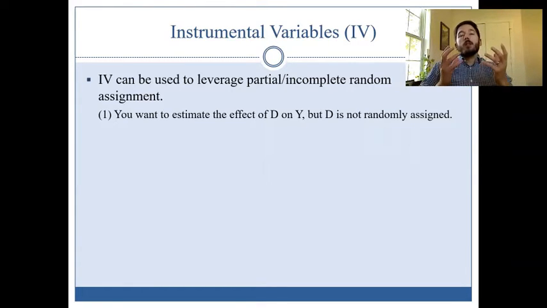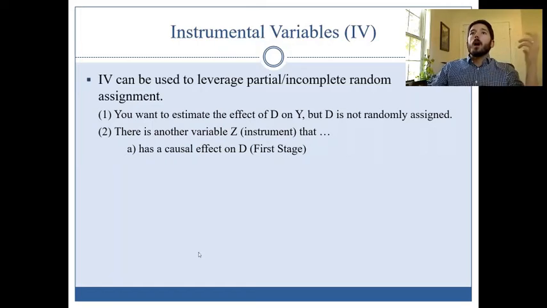But you don't have a treatment variable that's randomly assigned, right? But maybe there's some other variable, Z, which we're going to call our instrument, that we can use to try to get at the effect of D on Y, right?